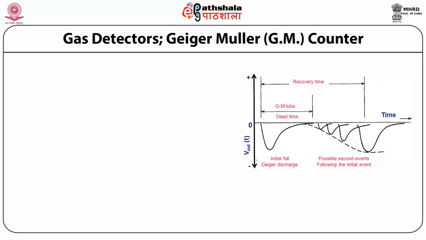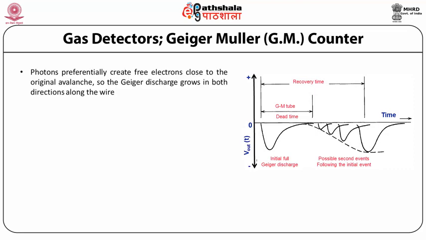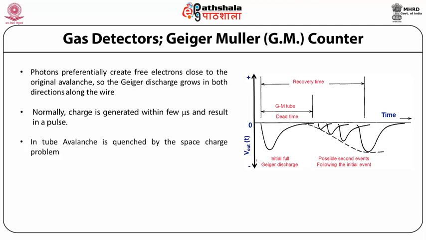We intend to look deeper into the working of the Geiger-Müller counter. Photons preferentially create free electrons close to the original avalanche, so the Geiger discharge grows in both directions along the wire. Normally, charge is generated within a few microseconds and results in a pulse. In the tube, the avalanche is quenched by the space charge problem.